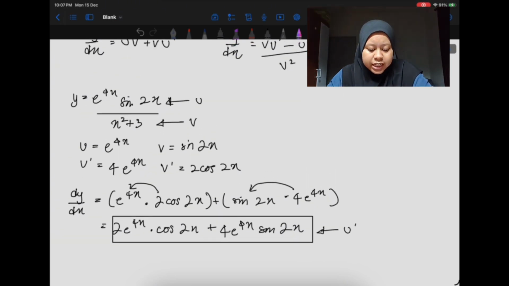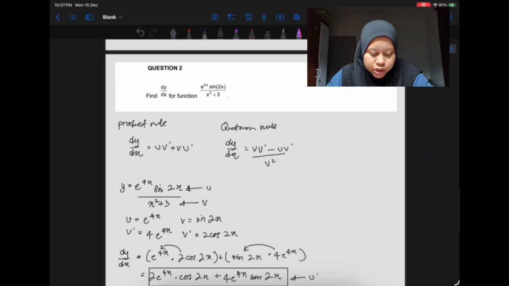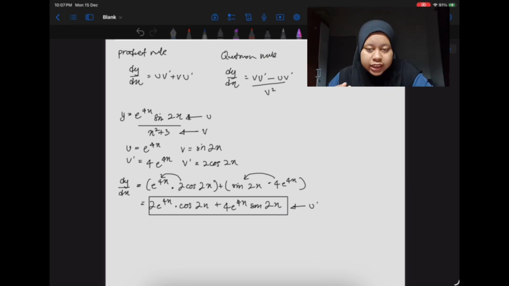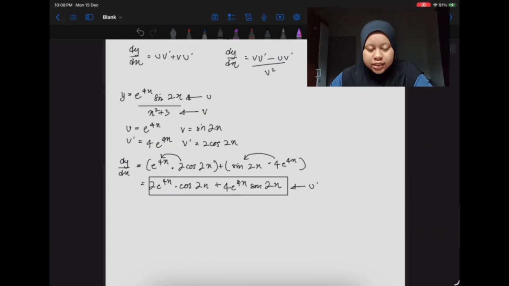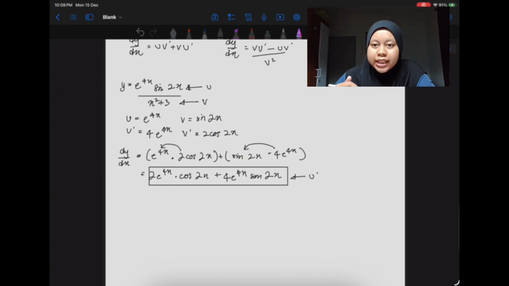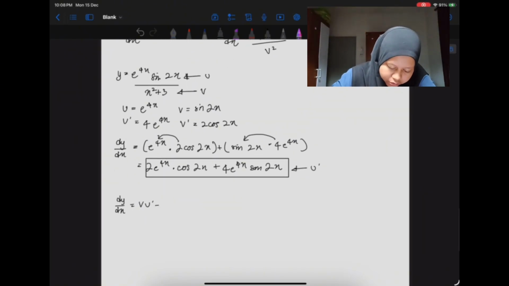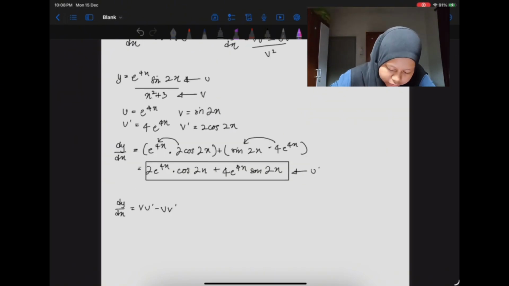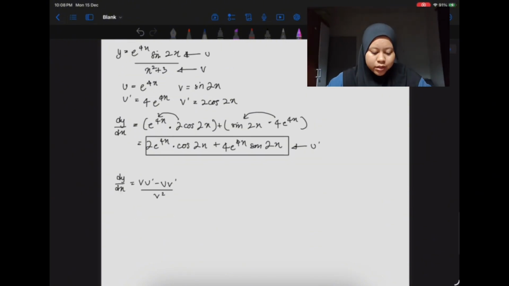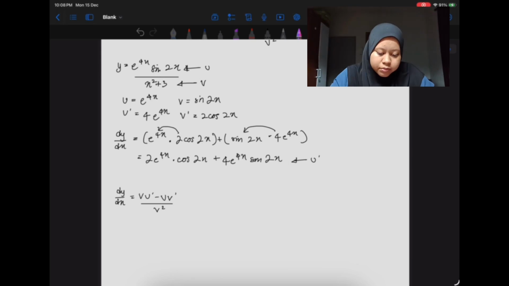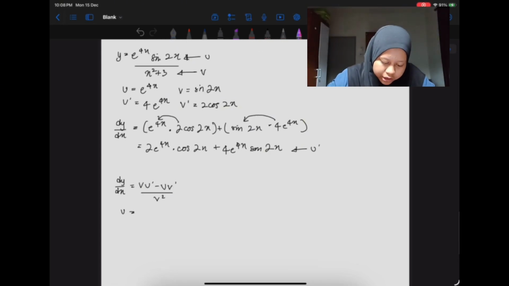To do the quotient rule, the only thing we need right now is v'. I prefer to list down the things, so I will write it again: dy/dx equals (vu' − uv') over v squared, and remember to put the over v squared. So I will list it down, which is u equals e^(4x) sin 2x.